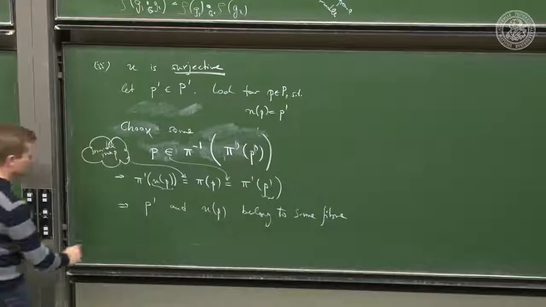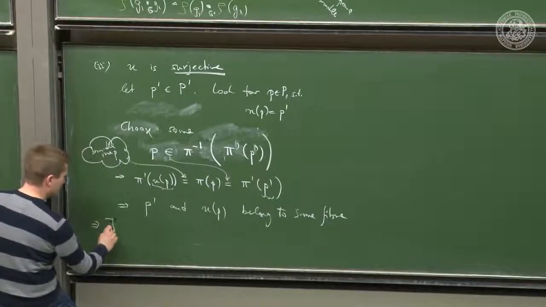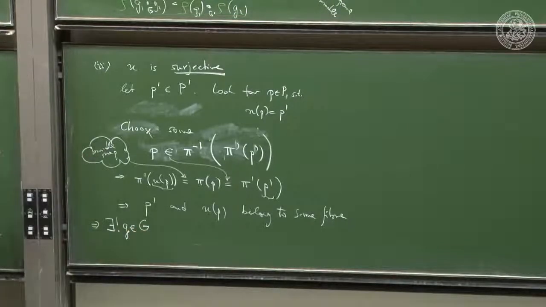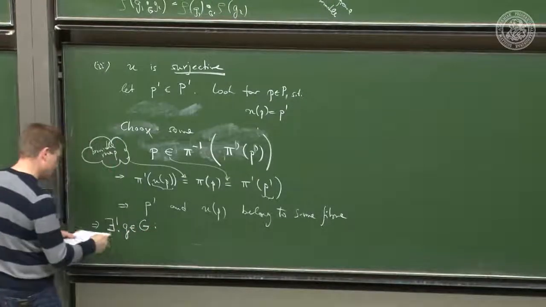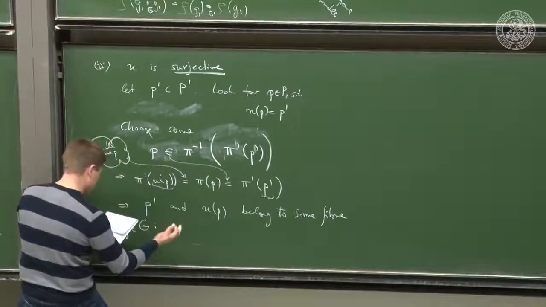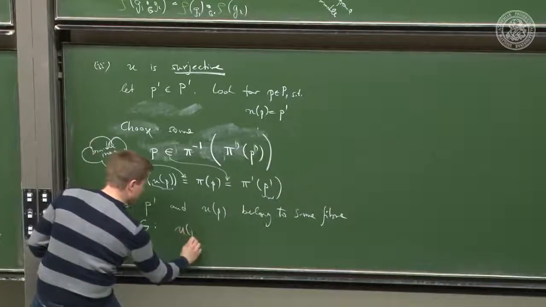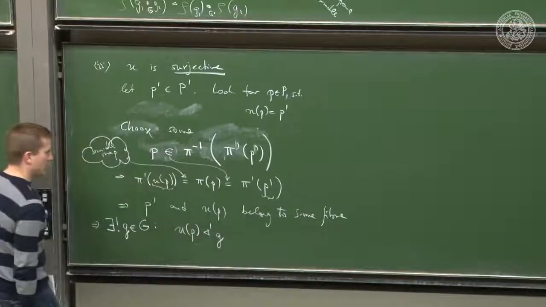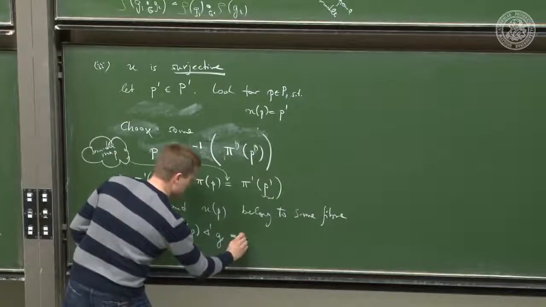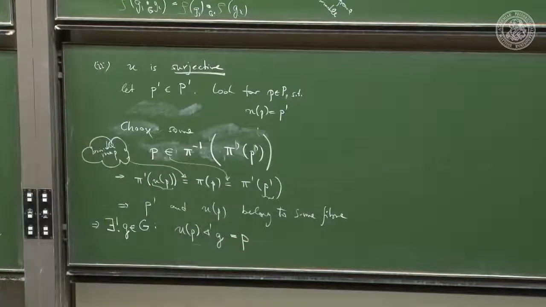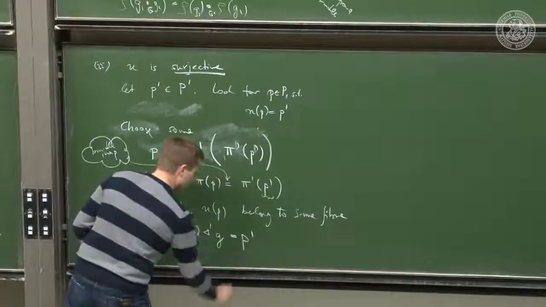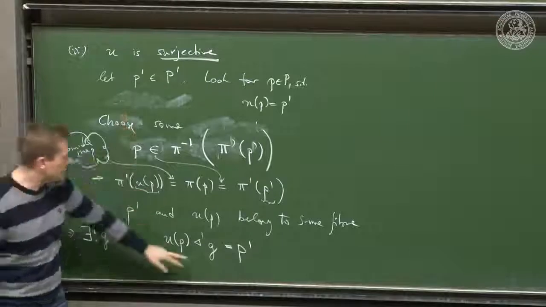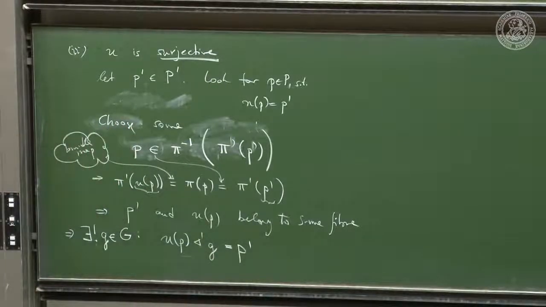But if they belong to the same fiber, that means exactly as before, there exists a unique group element G that takes one into the other. Well, it doesn't really matter which one into which one, but that takes u of p, say by the primed action, there is a unique G that maps this to the p prime, to the arbitrary point in the target I had chosen.